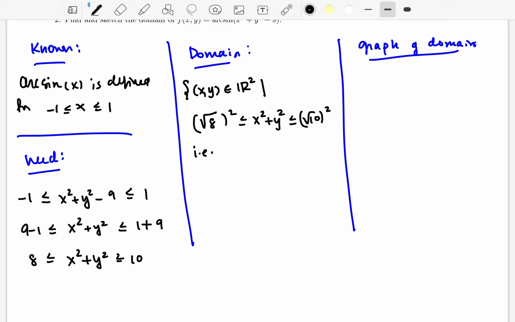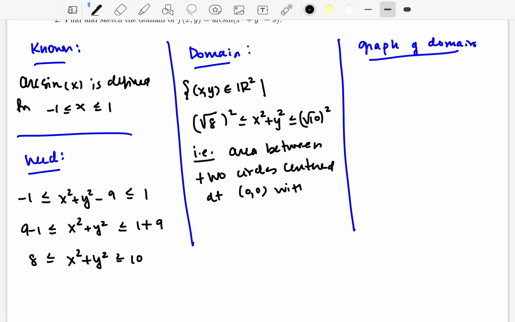So in other words, my domain is the area between the two circles centered at 0, 0, with radius root of 8 and root of 10, and it includes the boundaries, because we have the equal signs.